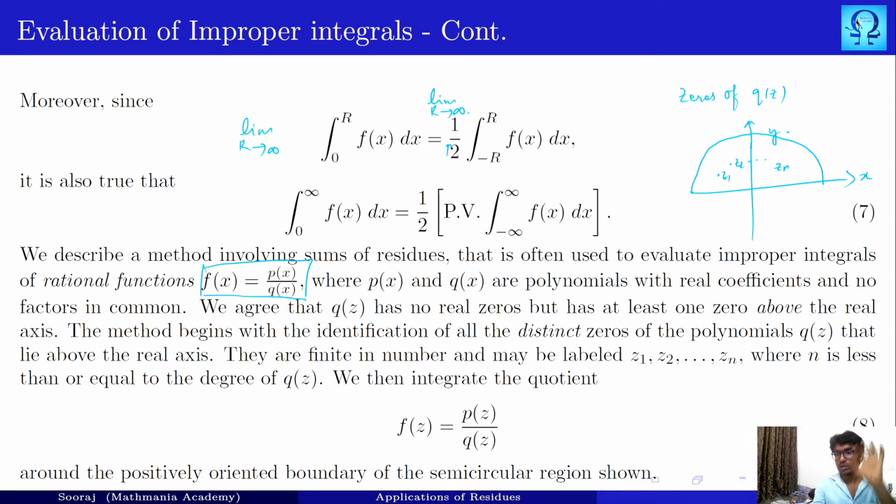Here we have supposed that we have n distinct roots which lie above the real axis. So this n is smaller than or equal to the degree of q of z.